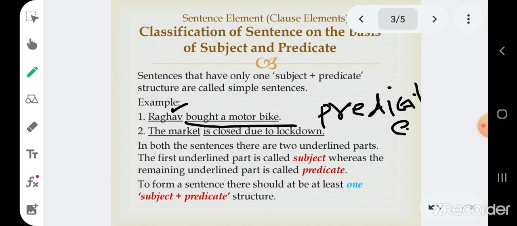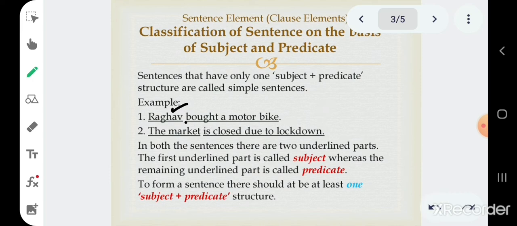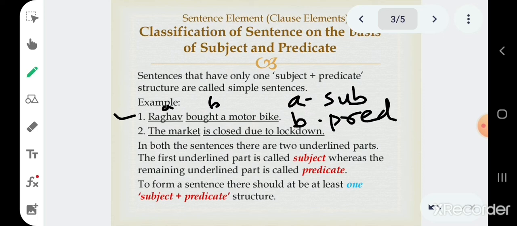This is the whole sentence, but in this whole sentence there are two parts. This is part A, this is part B. Part A is subject and part B is predicate.